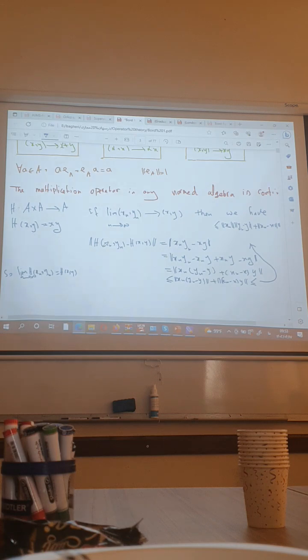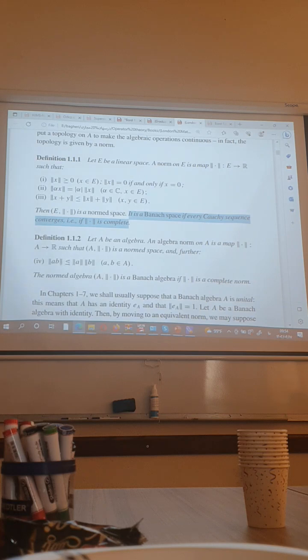Then h of xn and yn minus h of x and y equals xn yn minus xy. I added this, which is equal to 0 again. And now we can use the triangle inequality, and this is less than this, for this property.